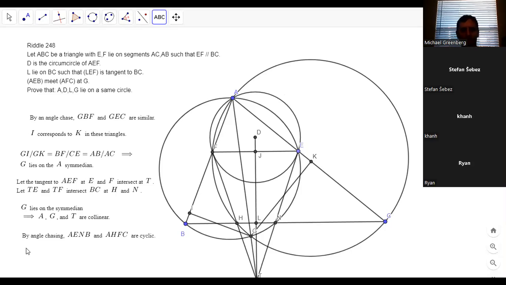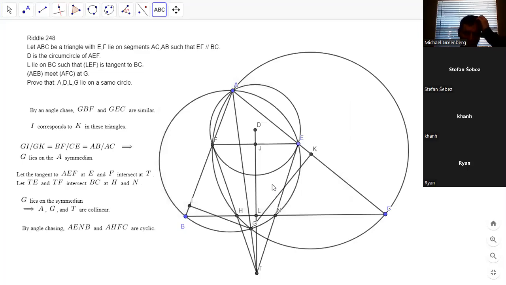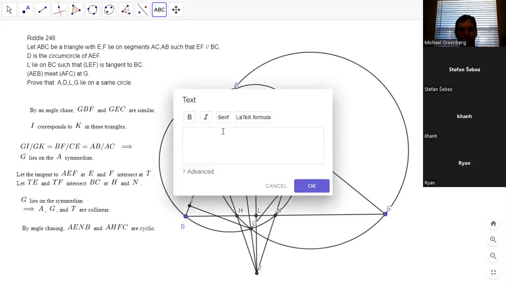So DFT, because DFLH is cyclic. DFLH and DENL are cyclic. DFHL cyclic.